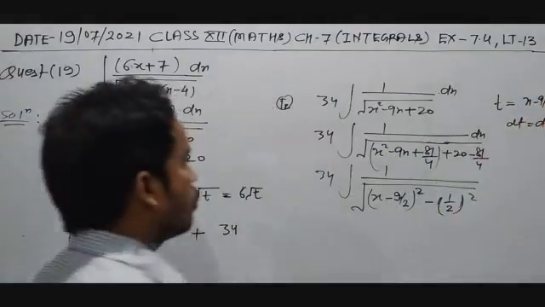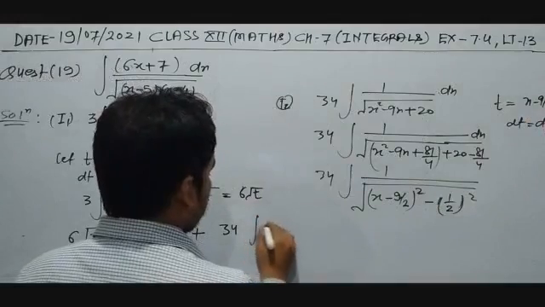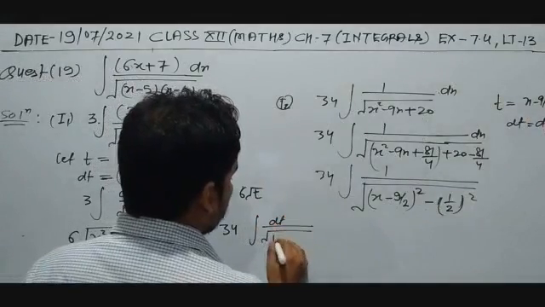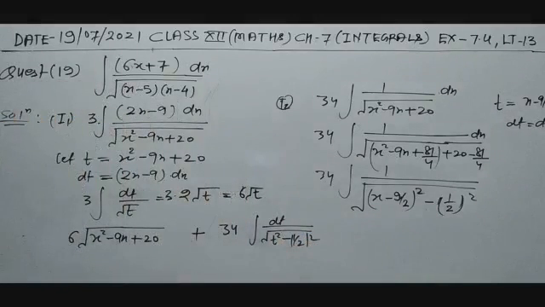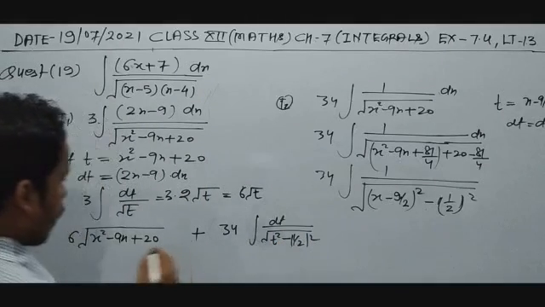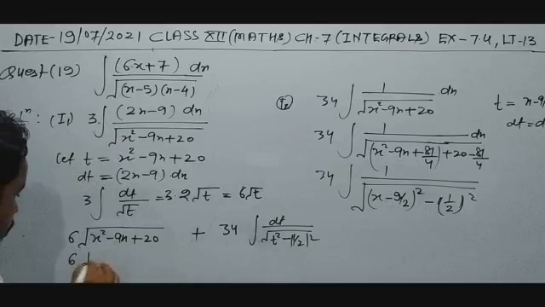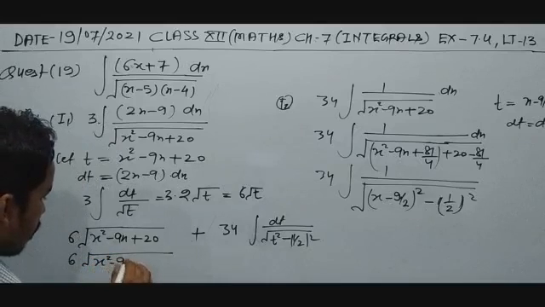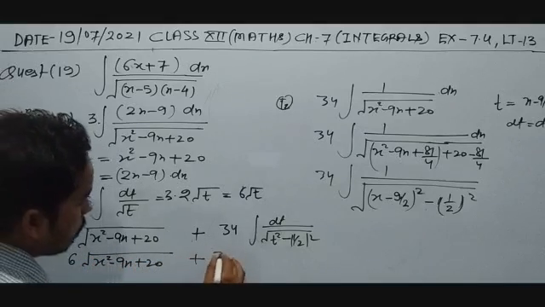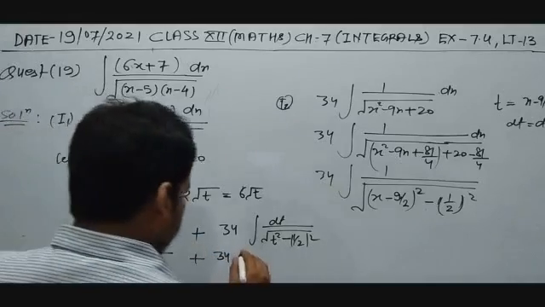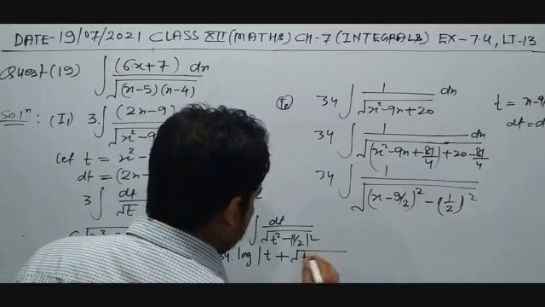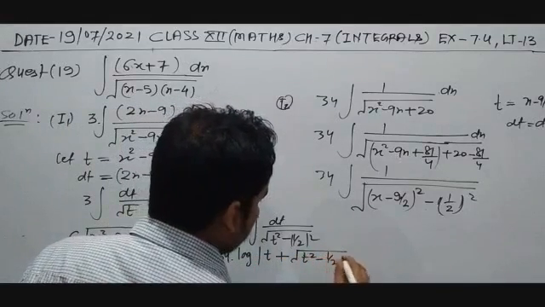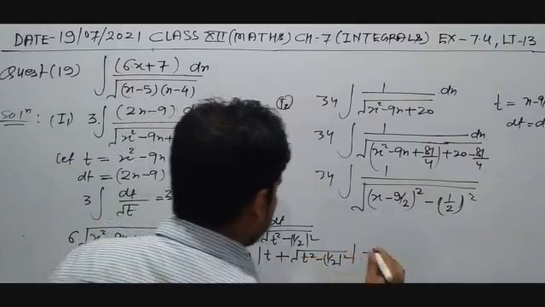This is linear, so in terms of dt the result will be dt whole upon root over t² − (1/2)², and you already know the formula for 1 upon root of x² − a², which is log of x plus root x² − a². So the answer will be 6 times root over x² − 9x + 20 plus 34 times log of mod of t plus root over t² − (1/2)², plus c.